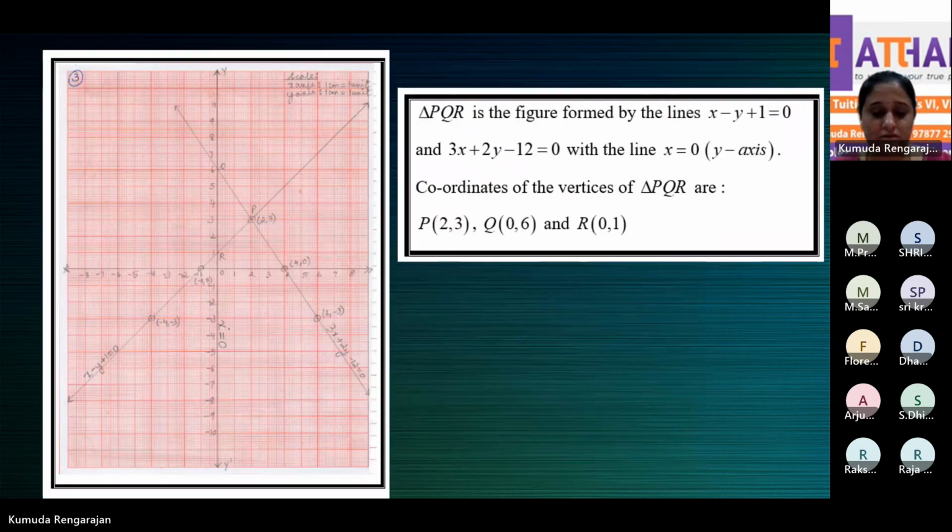Okay. So Prajit's graph is correct. Okay, next.